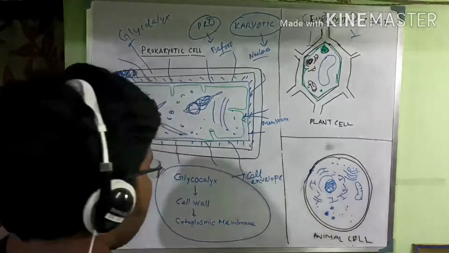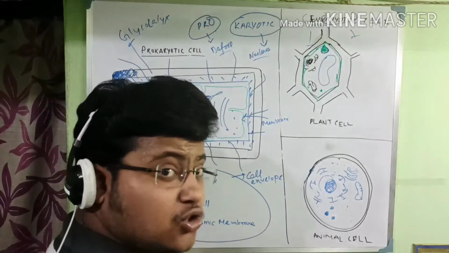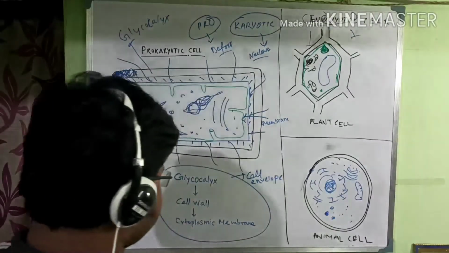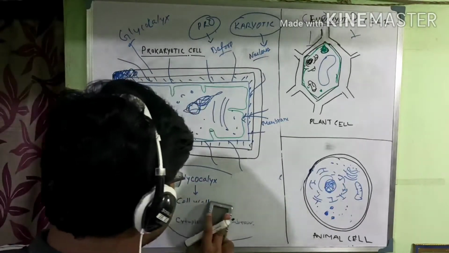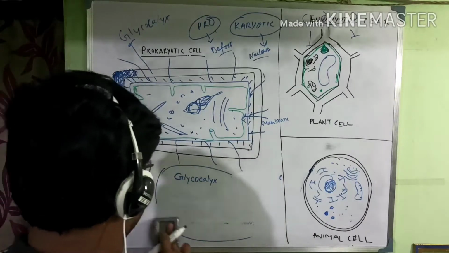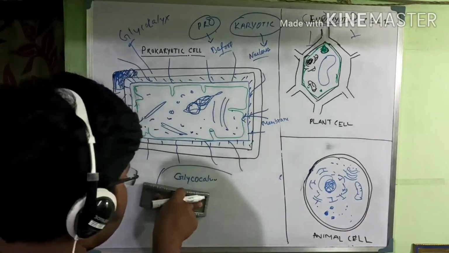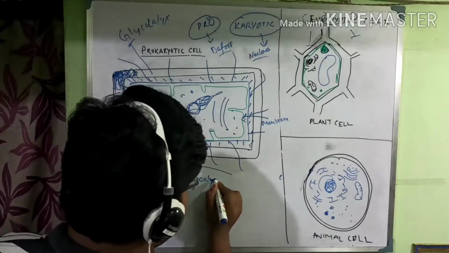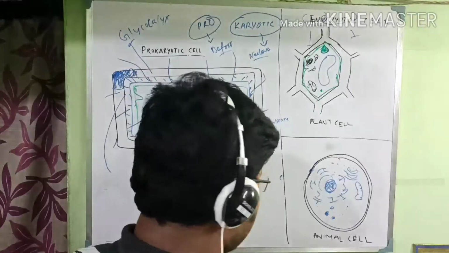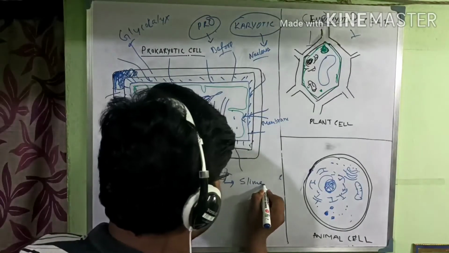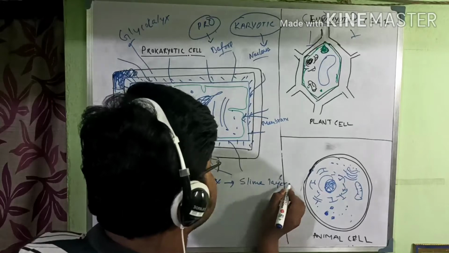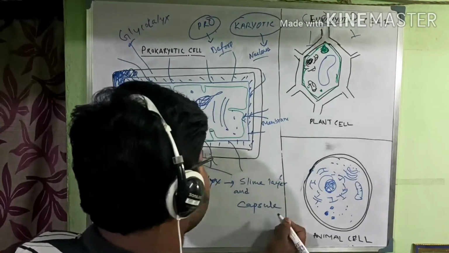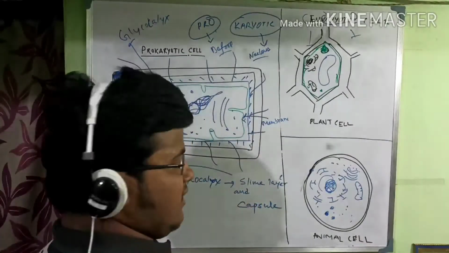So glycocalyx consists of two compositions, that is, the slime layer and the capsule.